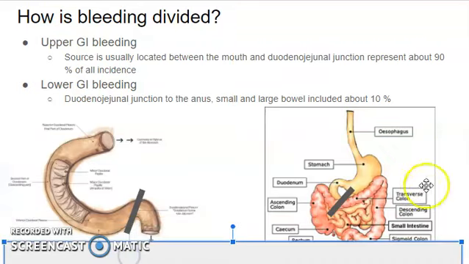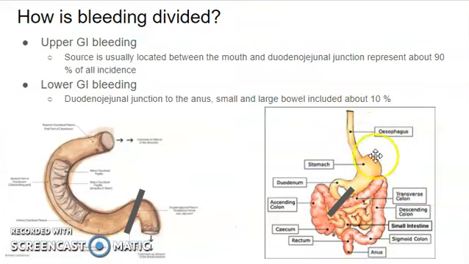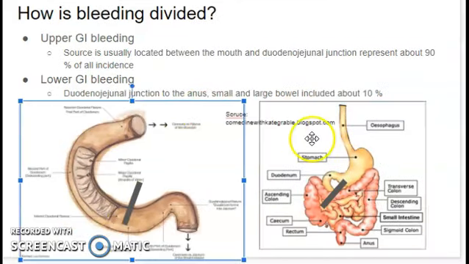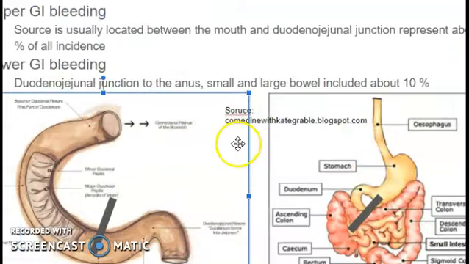So if you look over here, I have this diagram, and the source of this photo is from this blogspot.com. Anyways, any type of bleeding that occurs from the mouth all the way until this junction which I've drawn over here, otherwise known as the gastroduodenal junction, is where the duodenum starts.